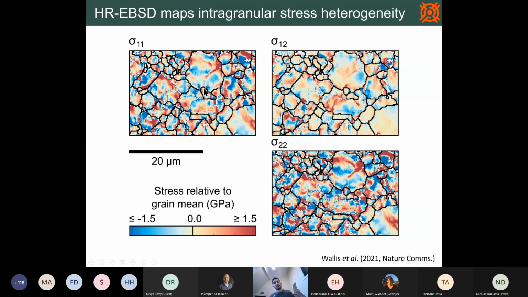And this olivine was actually deformed at about 250 MPa, a macroscopic average stress. But you can see that within the individual grains, the stresses are varying by about an order of magnitude more than that. Stresses vary by about a gigapascal over a few microns. And this is really the only way to measure stresses that are currently trapped within the crystals in the scanning electron microscope.